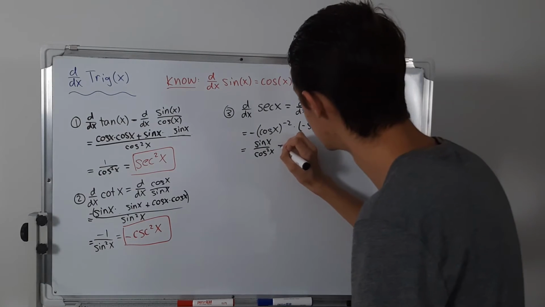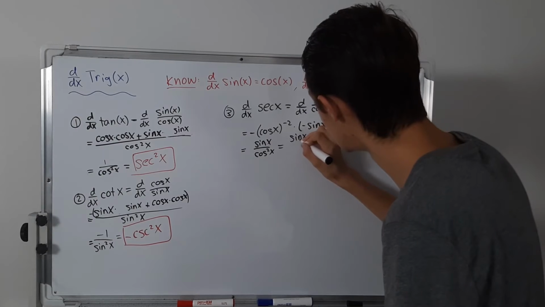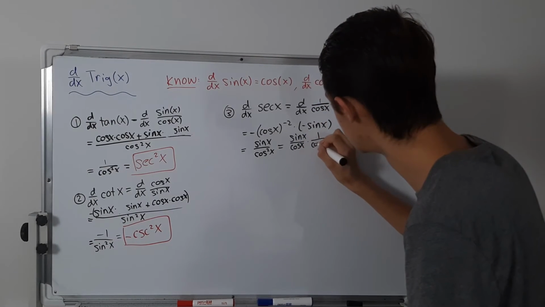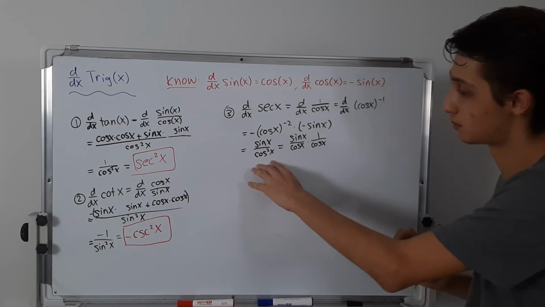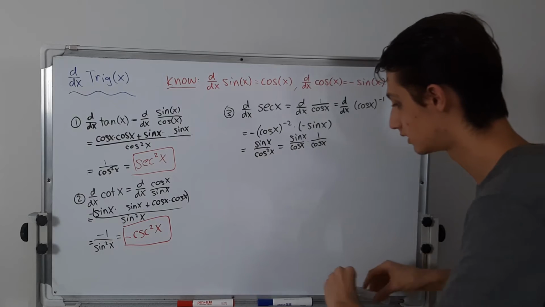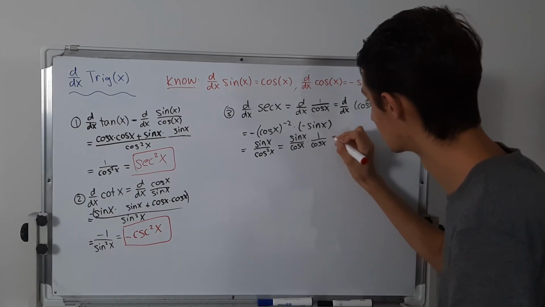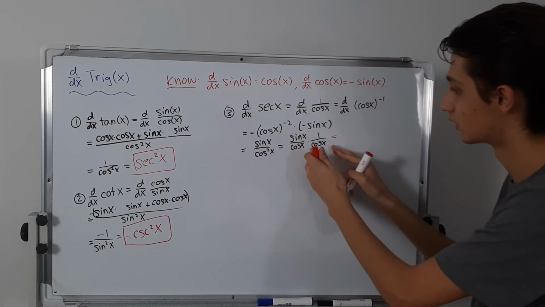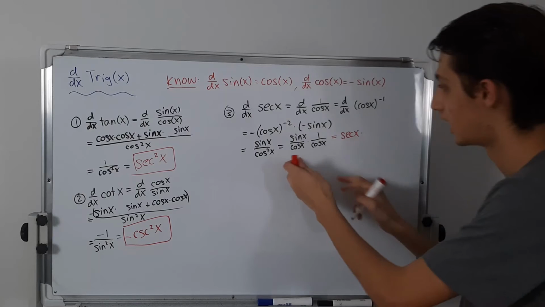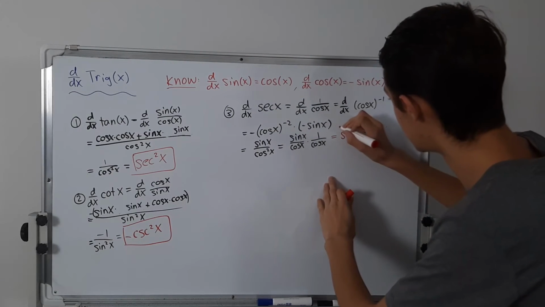So then this, we can think of as 1 over cosine times sine over cosine, splitting this up into two fractions, multiplying them together. This 1 over cosine is secant, and then the sine over cosine is tangent. And this is our answer.